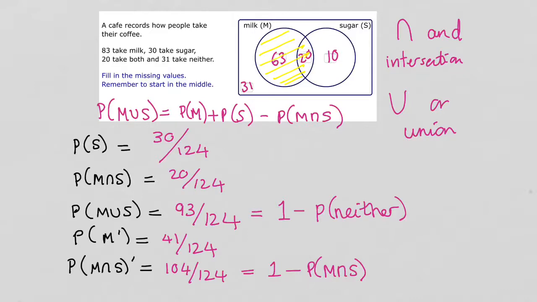So if I want M or S, that's the probability of milk plus the probability of sugar, take away the intersection. Because if you think about it, if you add that and add that, you've added that twice, so you have to take it away. If you have mutually exclusive events where the overlap is naught, then you're not taking away anything. So you get a slightly different formula, which is just the OR law.